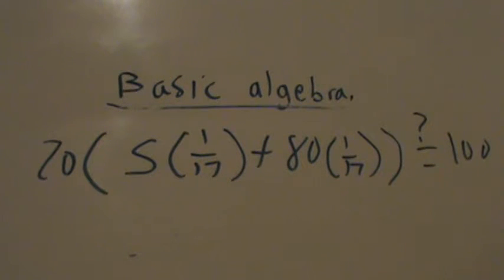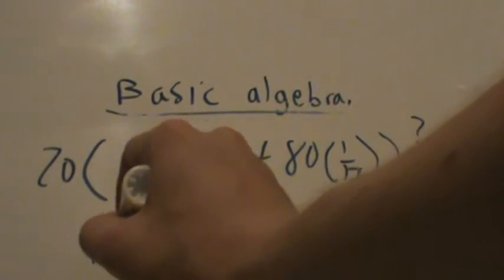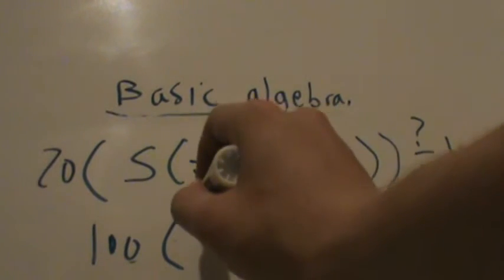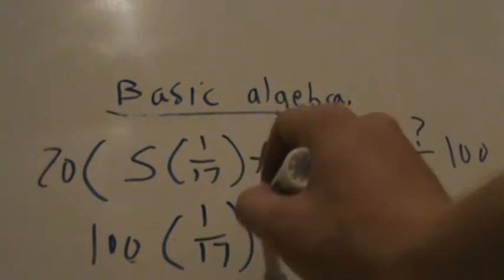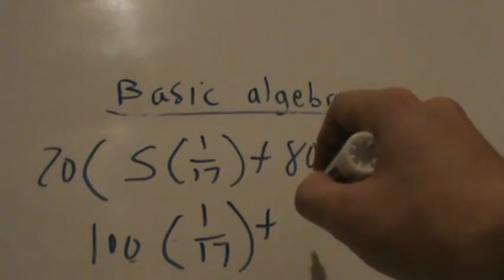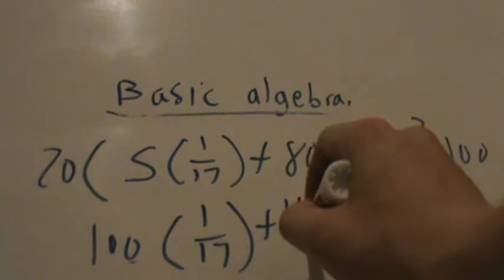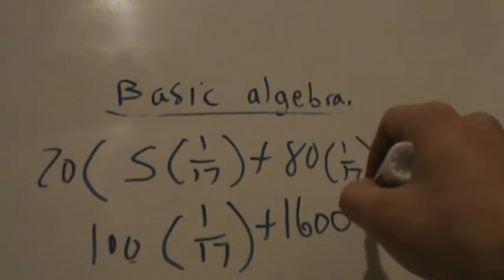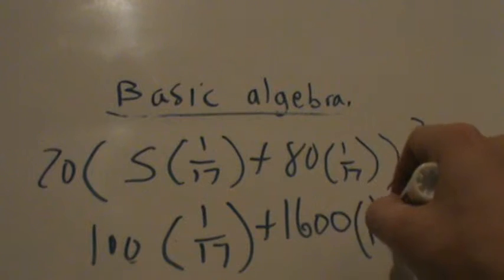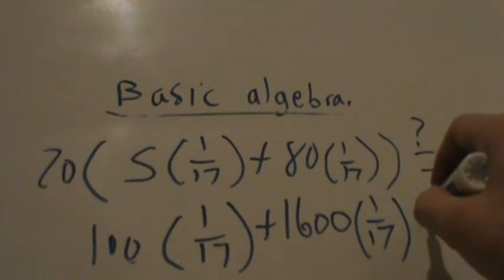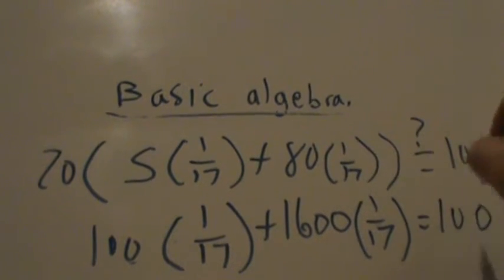The best way of handling this is we'll take our constant multiple and multiply through. So 100 times 1/17 plus 1600 times 1/17. Does that equal 100?